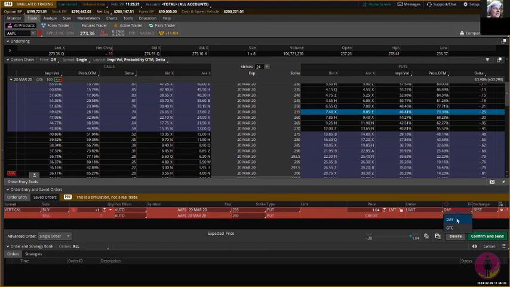Day order means that if I put this order and it's filled during that trading day, then it's filled. If it's not filled, then it's cancelled. Then it's not existing. And if I put good till cancel, it will wait till it's going to be filled.